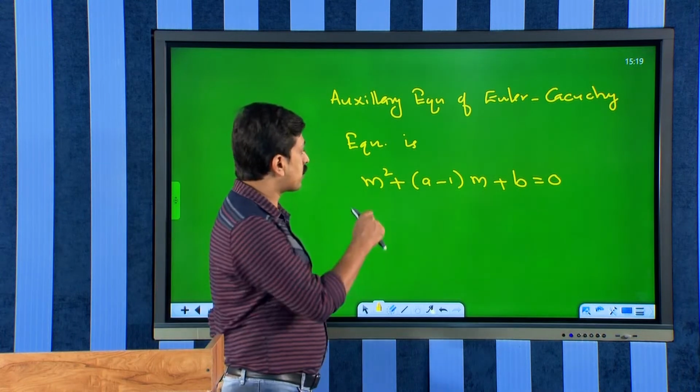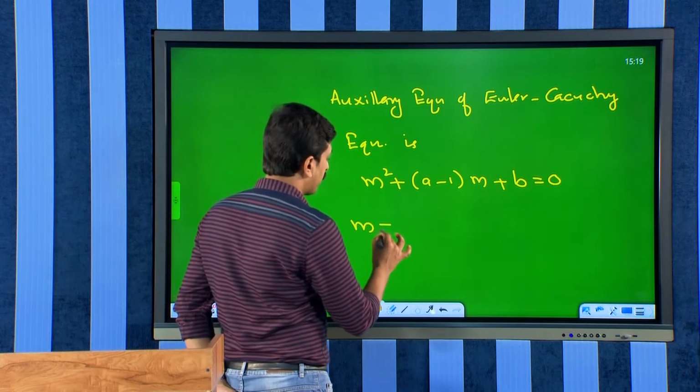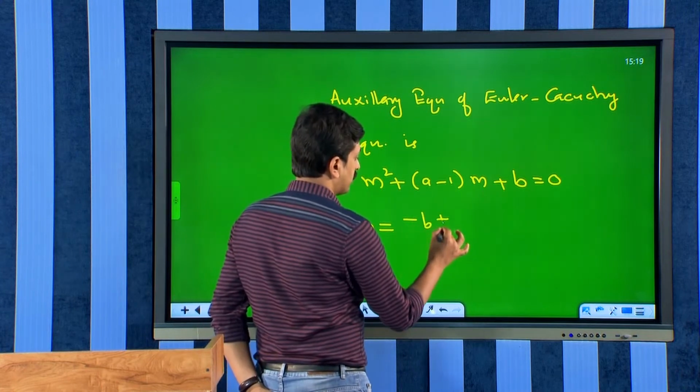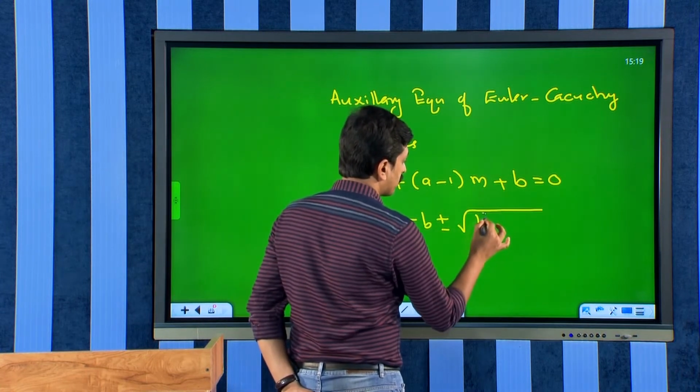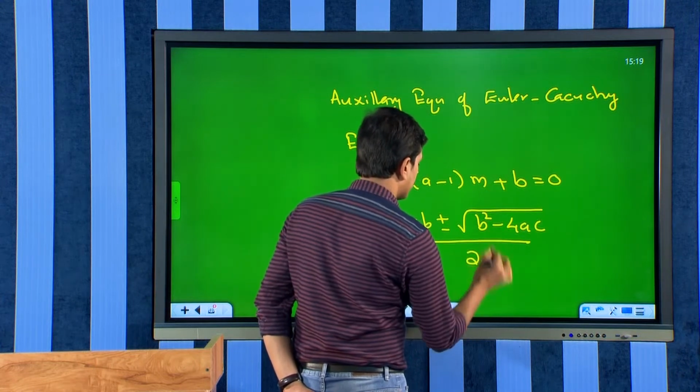Because this is a quadratic equation in m, we can find the values of m by using the formula minus b plus or minus root of b square minus 4ac divided by 2a.